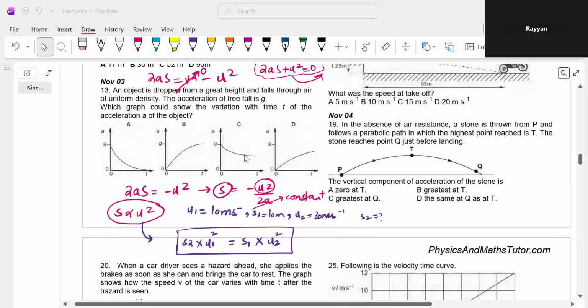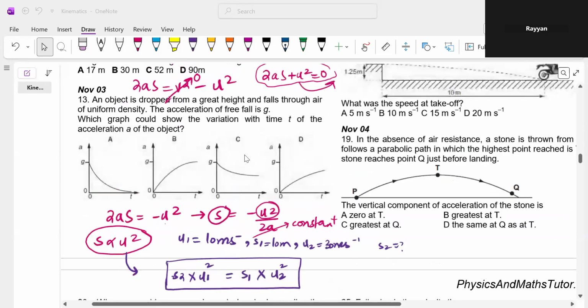Recording in progress. Okay. Then you have an object dropped from a great height that falls through air of uniform density. The acceleration of free fall is g. Which graph could show the variation with time?